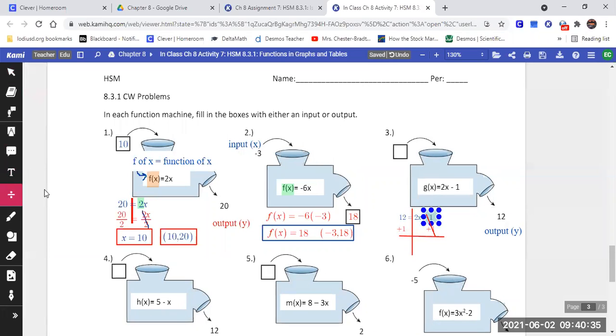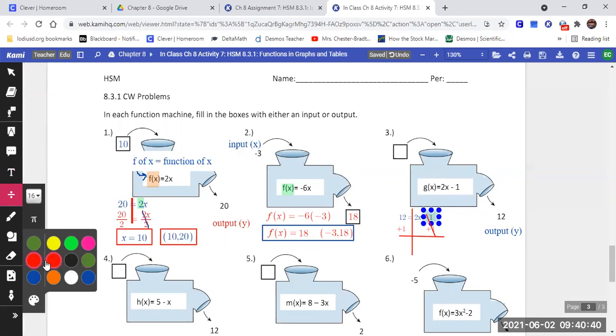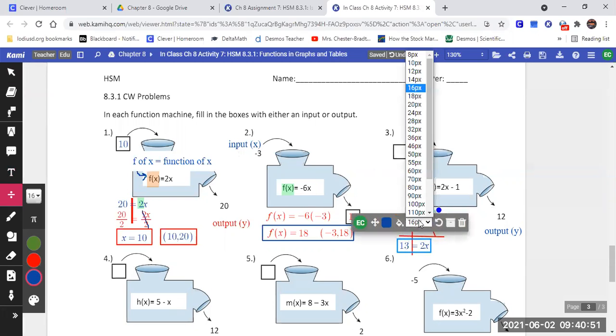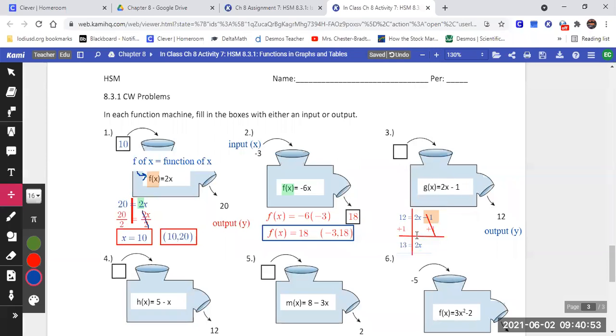Okay, so we now have 13 equals 2x. What do we do now? Yep, divide both sides by 2. Gotta fix this over here.